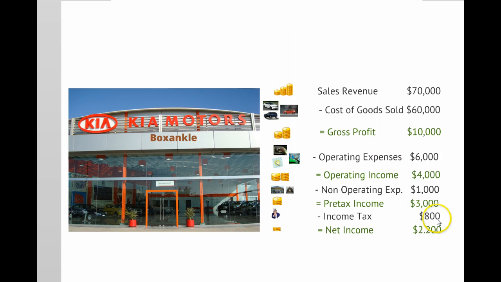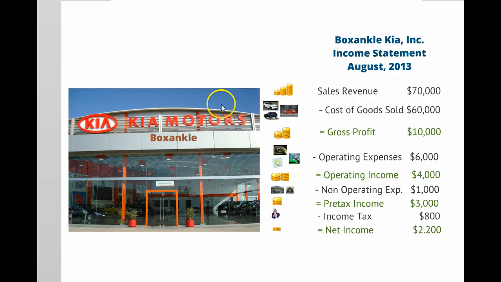Finally, we subtract income tax to get net income. And now all we really have to do is give it a title, and there's our three-line title. And we have ourselves an income statement. We don't particularly need these little drawings on the income statement. Here we have the income statement right here. So that's what you need to know.